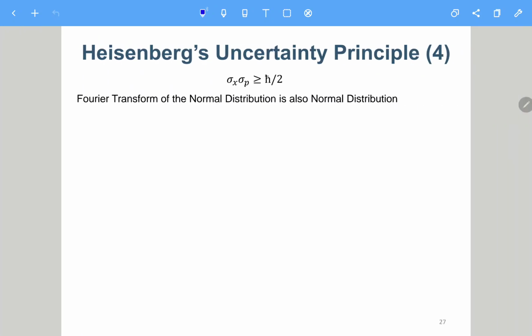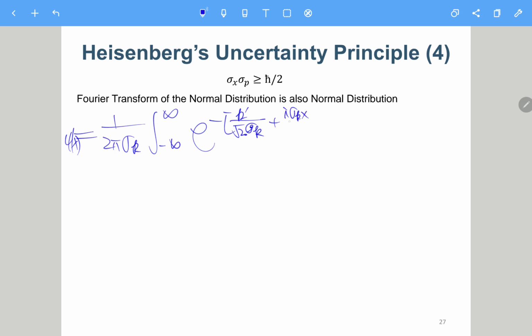Okay, so the next step is it is equal to 1 over 2 pi sigma k, integration from negative infinity to infinity, and then we have exponential to negative (k prime minus square root of 2 sigma k, plus i sigma k x over square root of 2) quantity square, and another term is exponential to negative sigma k square x square over 2, dk prime.